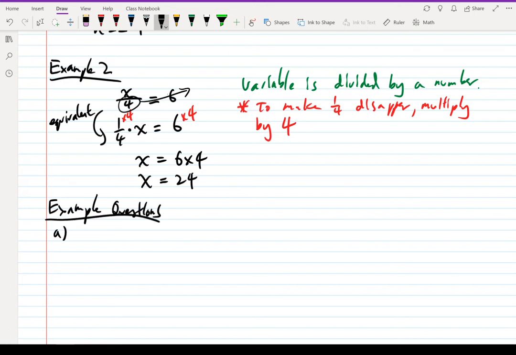And so the first one, let's say that we have c/2 is equal to 15, and then we want to find what c is, and then for b, let's do s over negative 4 is equal to 3. And then c, let's do z over 7 is equal to negative 15.